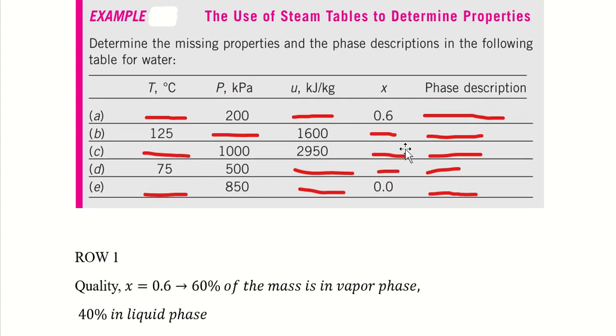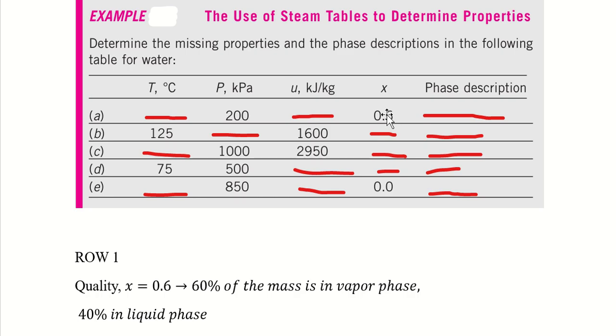So to answer this question, you will have to retype this table, and then fill out the missing work. So let's start with row one. In row one, they've given us the value of the quality concept, which is x, equal to 0.6.